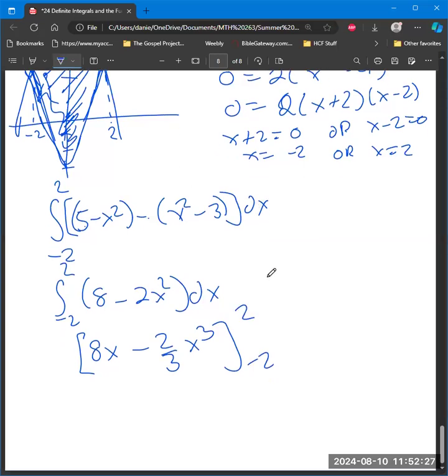Let's stick 2 in there, and I get 16 minus, actually, let's do it this way. 8 times 2 minus a -2, and -2/3. 2 cubed is 8, minus a -2 cubed is also 8.